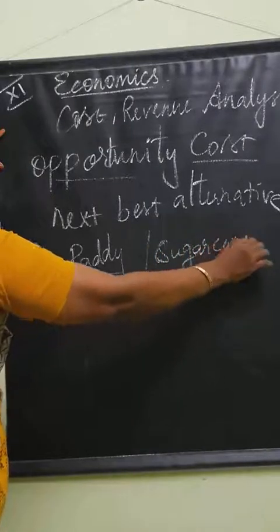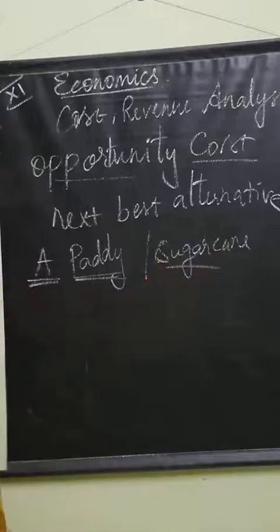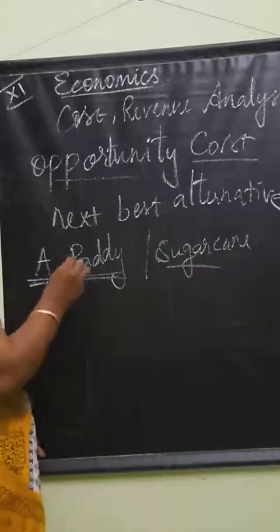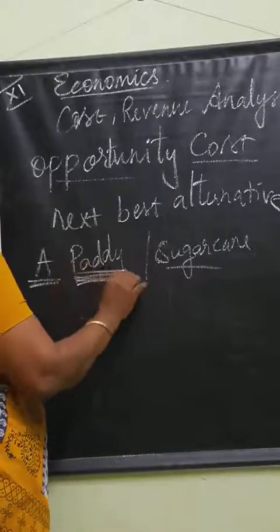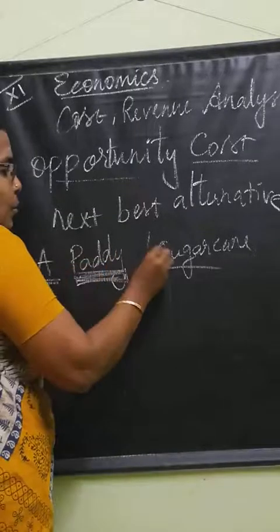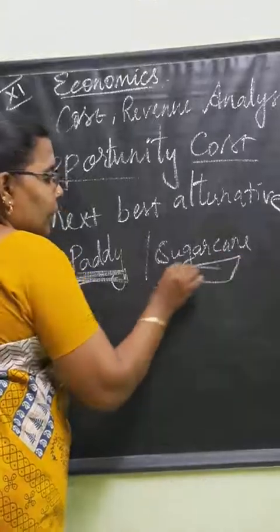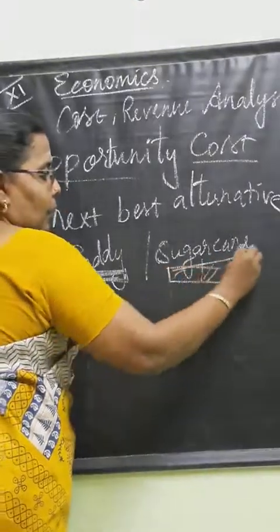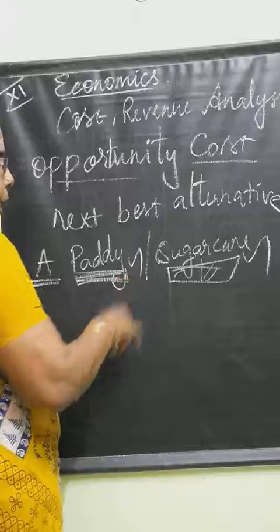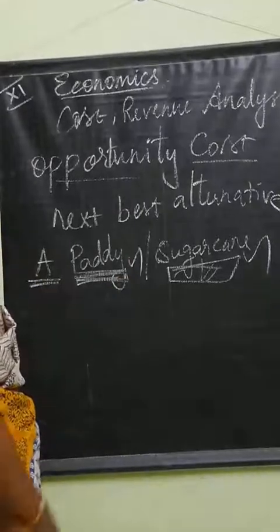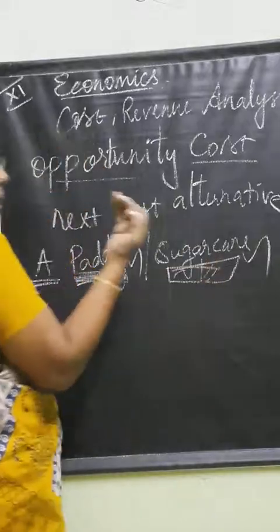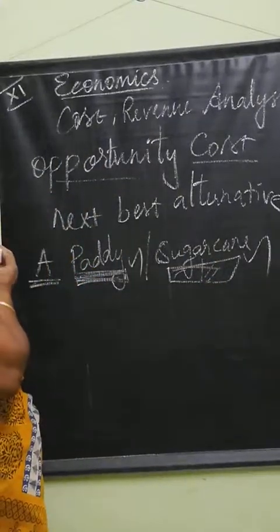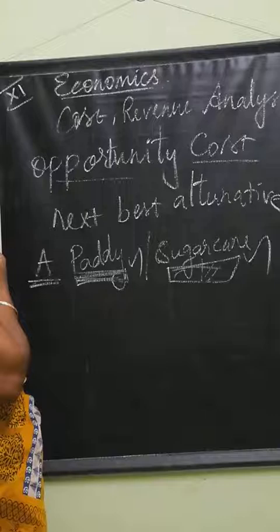So in his land, both are possible. So at one point of time, instead of cultivating the paddy, he is going for cultivating the sugarcane. So he is giving up paddy. இதுக்கு பதிலா இதை யூஸ் பண்றதுனால வரக்கூடிய செலவு. That is opportunity cost.